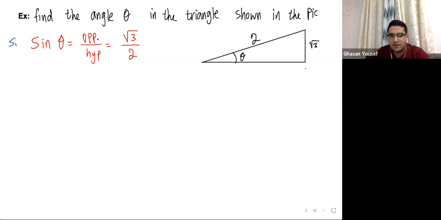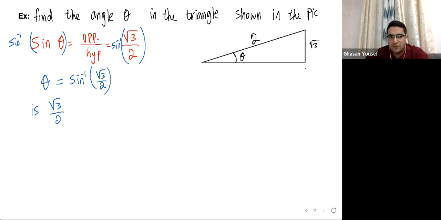I will get sine inverse of this over sine inverse of this value. So sine inverse of sine of theta will give me theta, because the sine inverse and the sine cancel out. Now my question is, does the square root of 3 over 2 belong to the domain of the sine inverse?